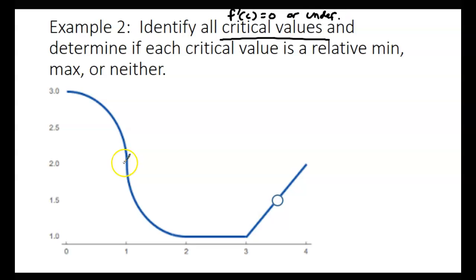This point here, I would say, probably right about here, that's a critical value, because what's the slope at that point? The vertical tangent line, that's undefined. There's no slope at that point. How about at x equals 2? Is that a critical value? Yeah, it is.